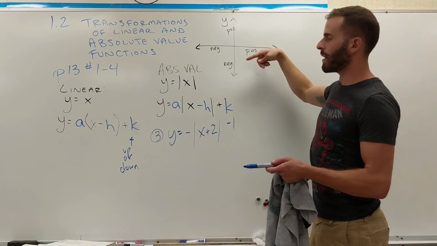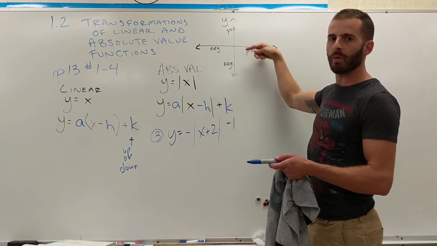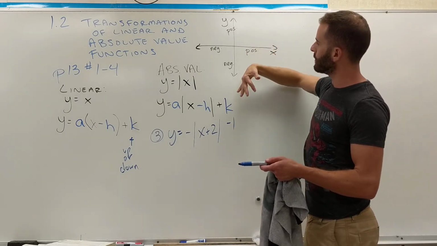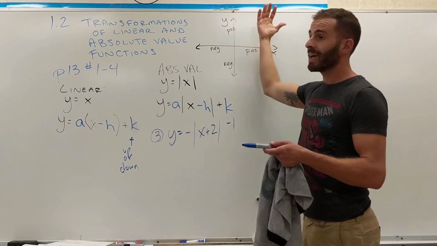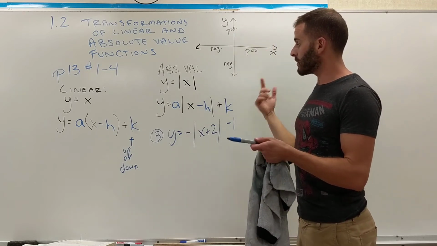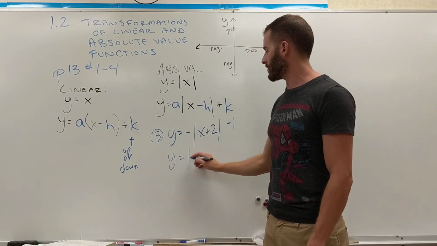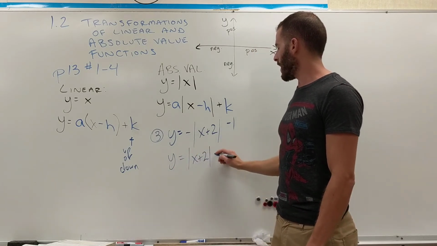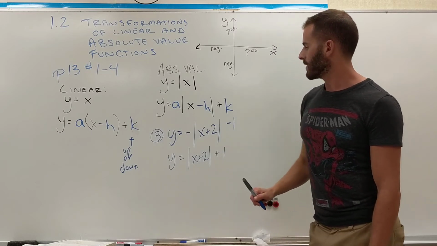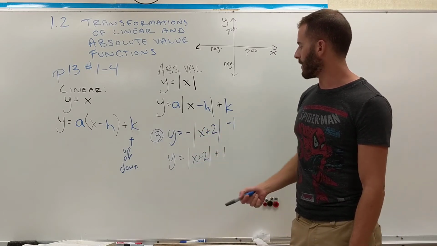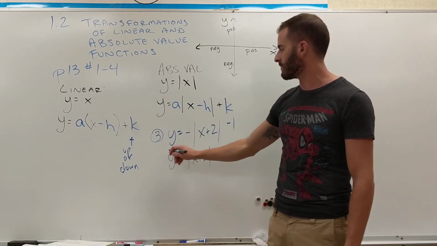We're going to rotate about the x-axis. That's our pivot point. So if it's up, we want to flip it down. If it's down, we want to flip it up. So what we do for reflections is we change all the signs that are outside the parentheses. So if it's negative, we make it positive.